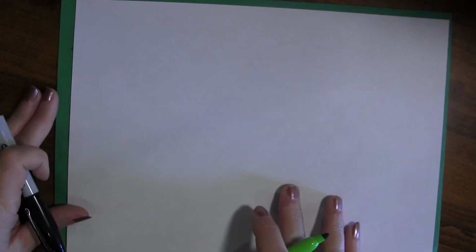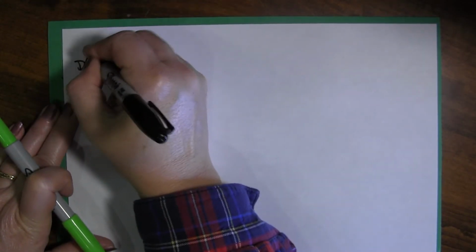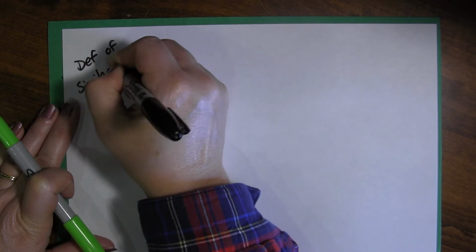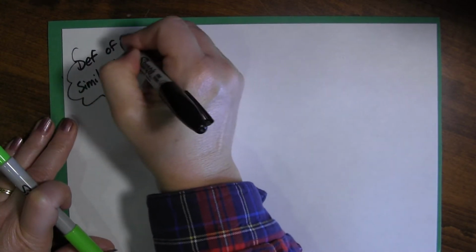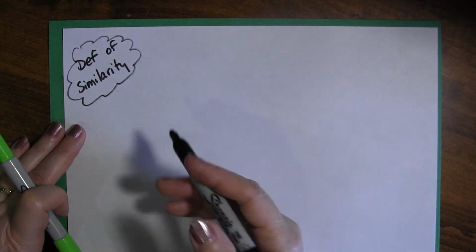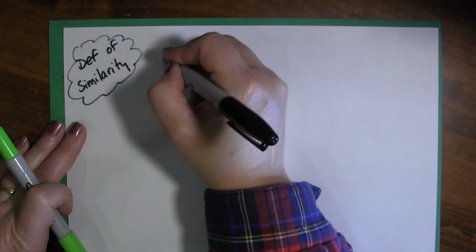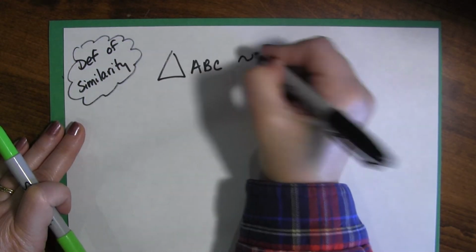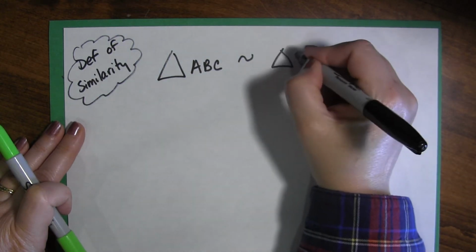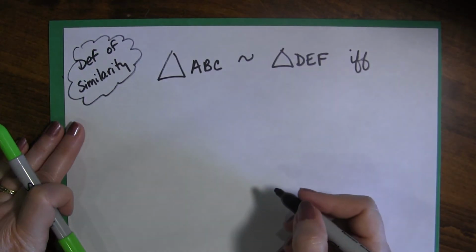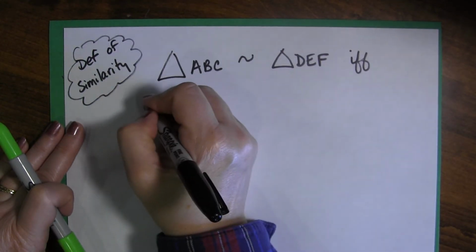All right, so let's jump in to the official definition of similarity. You should not be surprised to know that I'd like you to put this in your notes. It says that triangle ABC is similar to triangle DEF if and only if the following things are true.